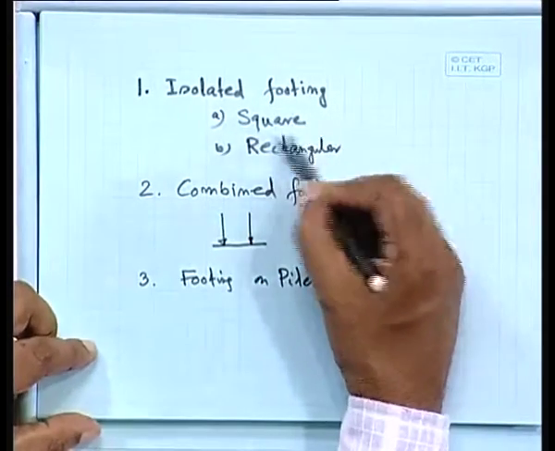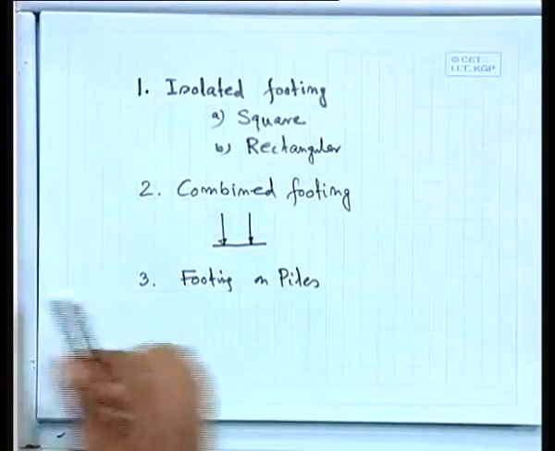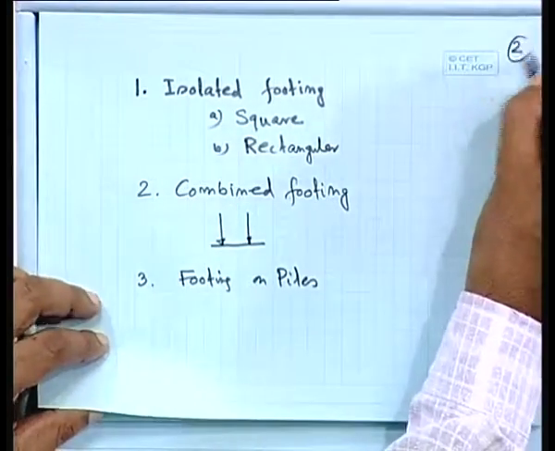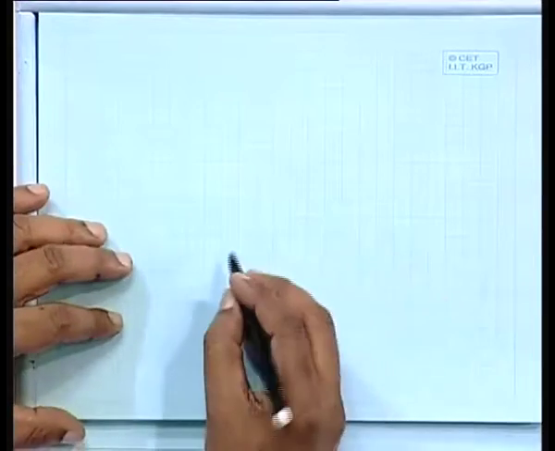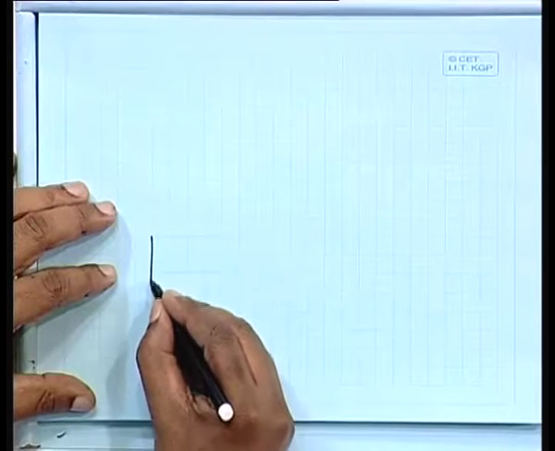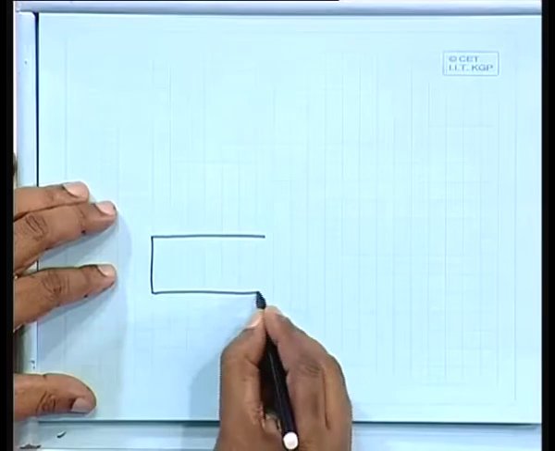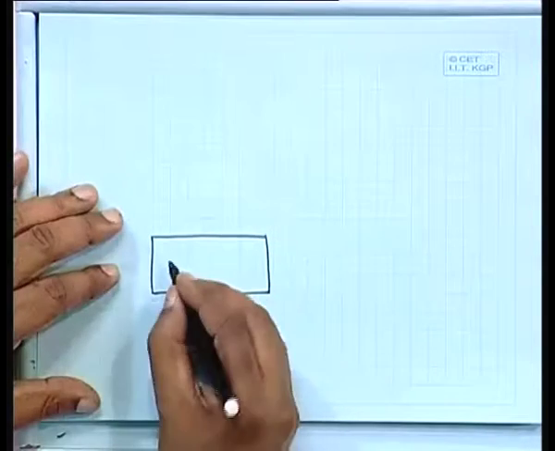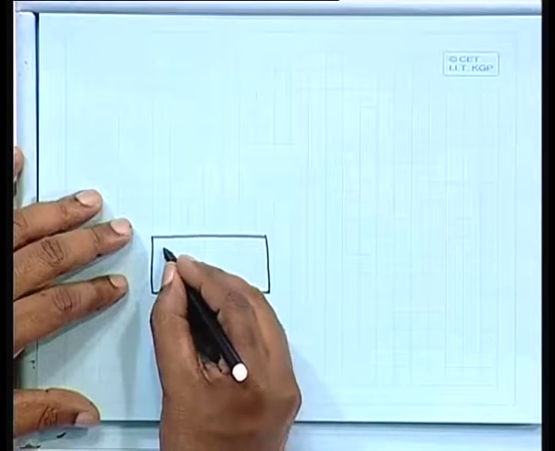We shall mainly find out today at least a square footing, but before that let me show you how pile footings come. The pile footings generally come where we provide piles.